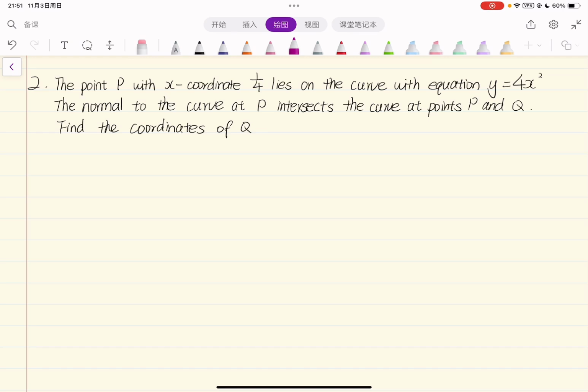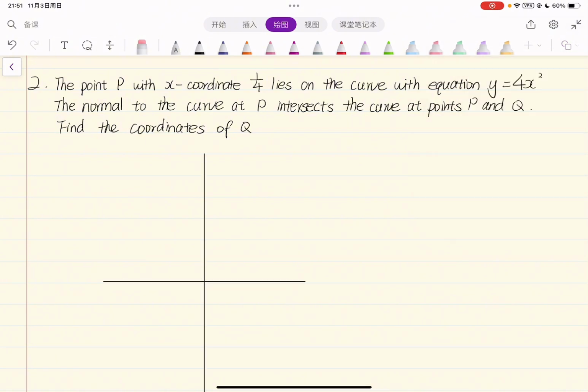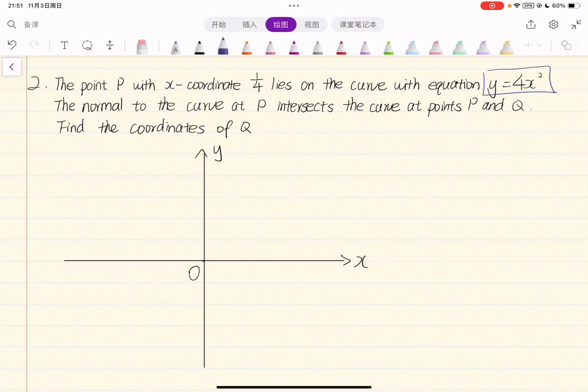Well, firstly, we can sketch the curve to see what happens. With the y-axis, x-axis and origin, we have the equation y equals 4x squared.